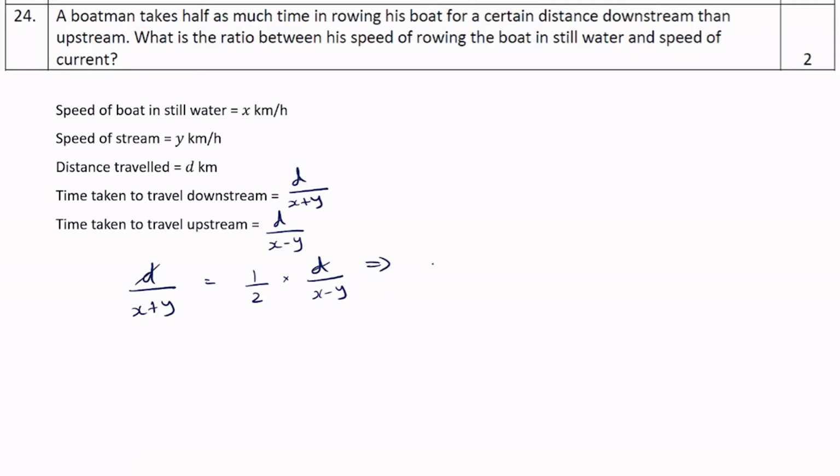Here we get 2x minus 2y equal to x plus y, or x is equal to 3y, x by y equal to 3 by 1. Therefore, x is to y equal to 3 is to 1. So the ratio of speed of boat in still water to speed of current is 3 is to 1.